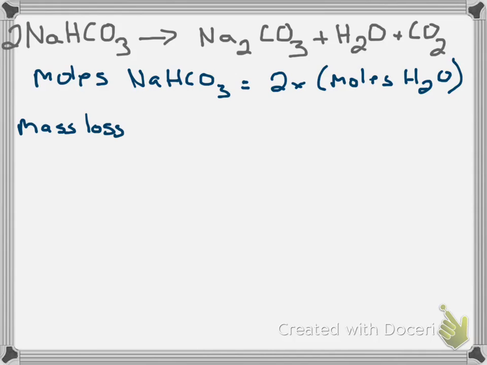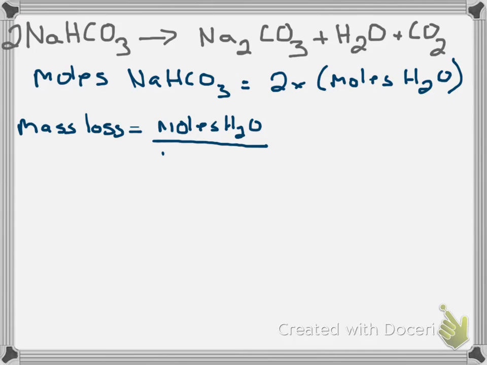All right, now let's go back to that idea of mass loss. How are we going to figure out that mass loss? Well, the mass loss, as we said before, is equal to the mass of the water plus the mass of the carbon dioxide. So let's figure out how we can do that. Well, if we know the moles of H2O, we can get that into grams, right?